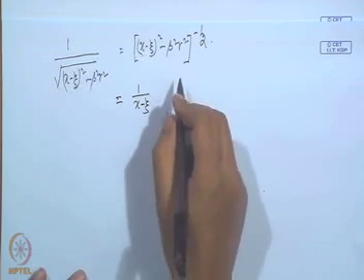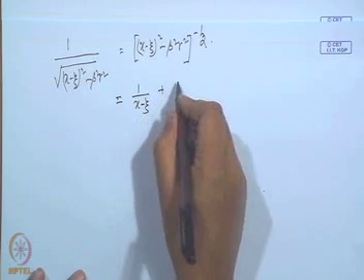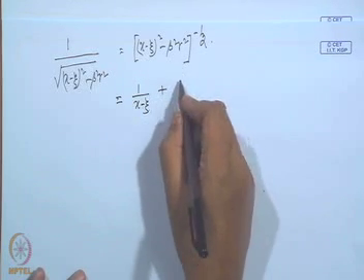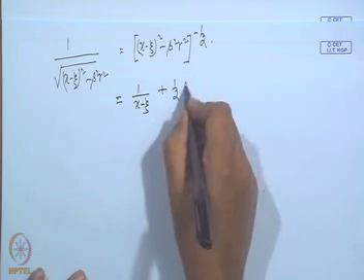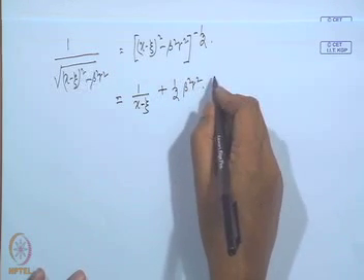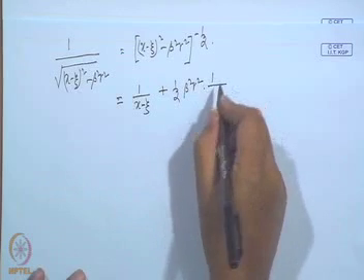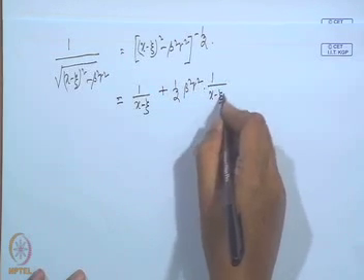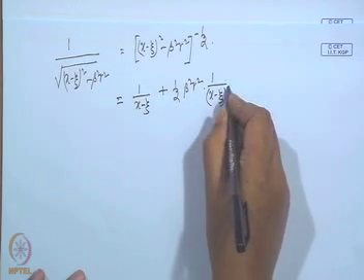This gives 1 by (x minus xi) plus half beta squared r squared into 1 by (x minus xi) to the power 3.